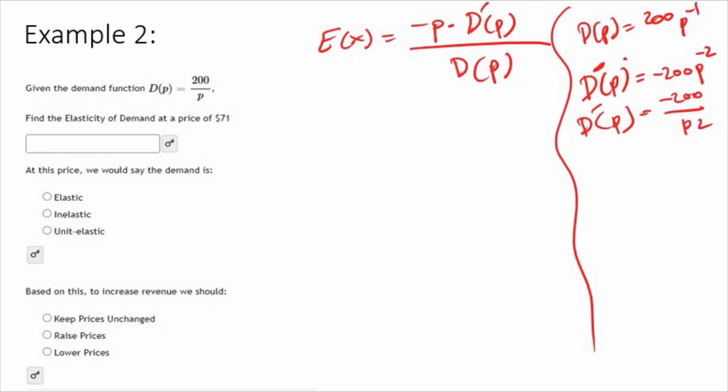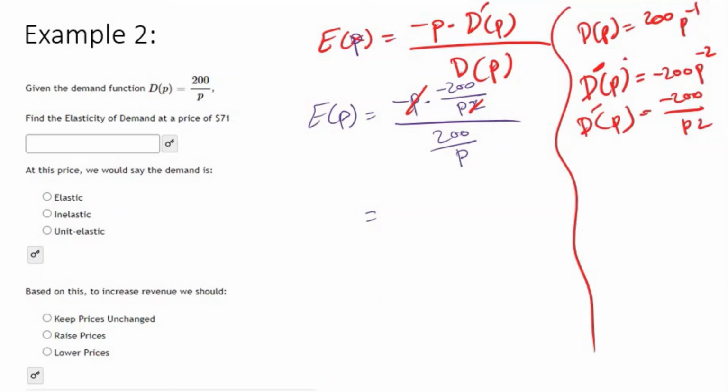Now I'm going to replace everything here. So I will have the elasticity of demand is equal to negative p times negative 200 over p squared, everything over 200 over p. Now the first thing I can do is to cancel one of these p's.